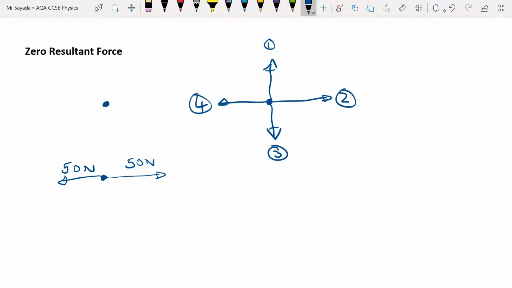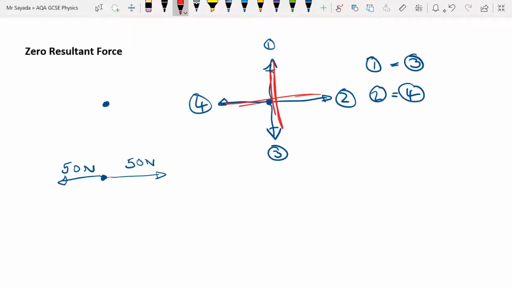So you should have said that in this diagram, there'll be 0 resultant force when force 1 equals force 3 and when force 2 equals force 4. So the idea is that we want our vertical forces to be equal and we want our horizontal forces to be equal. And as long as our vertical forces are balanced and as long as our horizontal forces are balanced, there is 0 resultant force on that object.